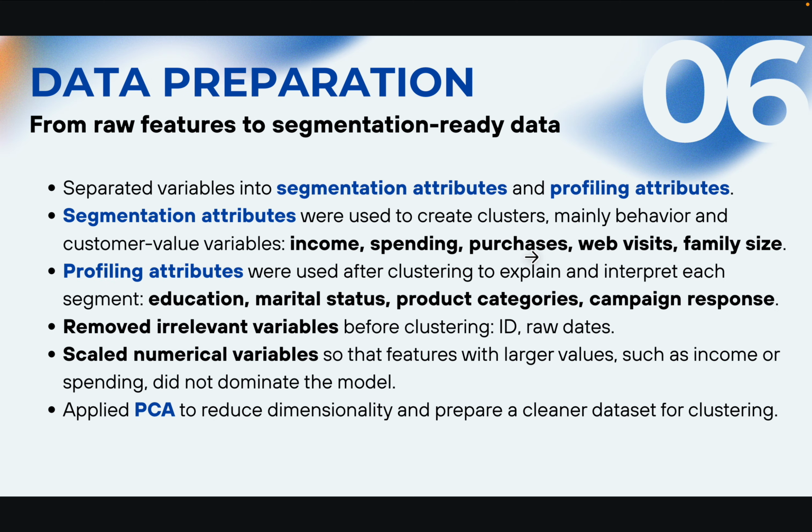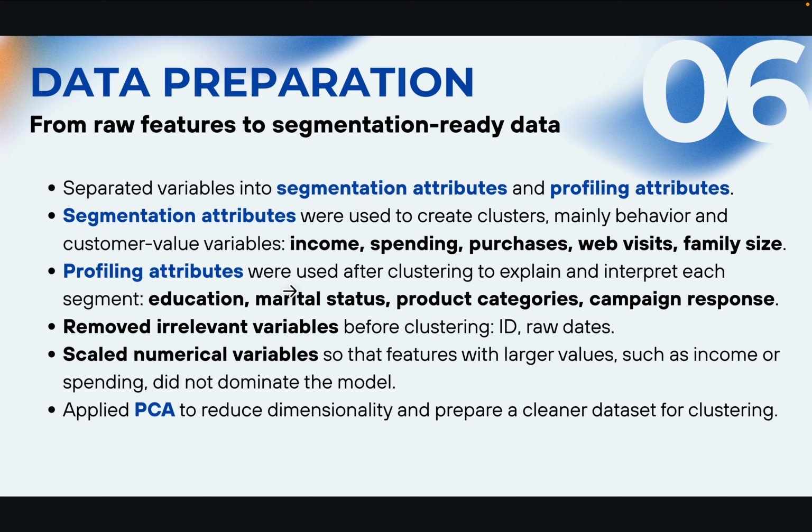So for the next step, before applying clustering, I separated the variables into two groups. The first one is the segmentation attributes. They are the variables used to build the clusters. They include income, spending, purchases, family size, customer tenure, web visits, recency, and campaign acceptance.